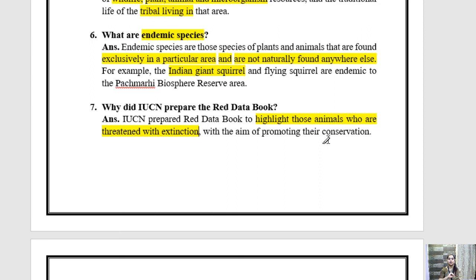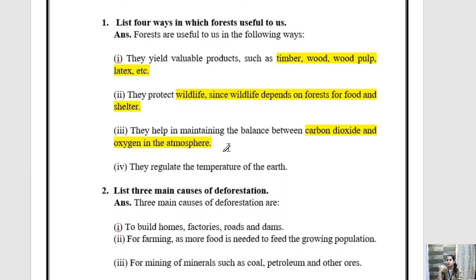And wildlife are important for the maintenance of ecological balance of the earth, of this planet. Alright. Then we have third, they help in maintaining the balance between carbon dioxide and oxygen in the atmosphere, definitely. So we know that population is increasing drastically, and as the population is increasing, the amount of carbon dioxide released from per person is also increasing. So the amount of carbon dioxide increases.